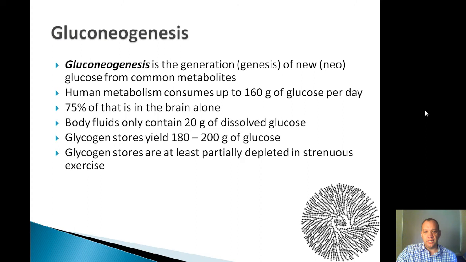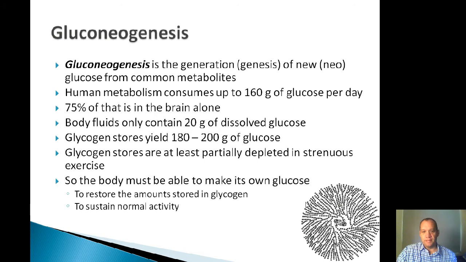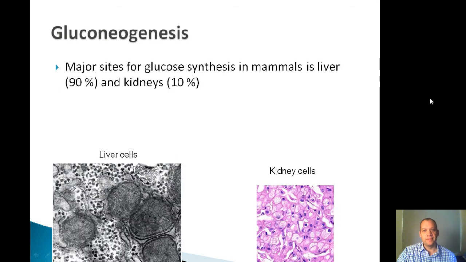Glycogen stores are partially depleted during strenuous exercise, and for these reasons the body must be able to make its own glucose. It has to be able to restore the amounts of stored glycogen, and it has to be able to sustain normal activity by reforming the minimum blood glucose level that is required.